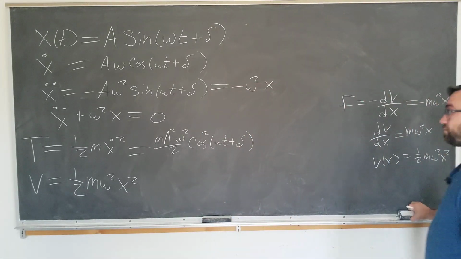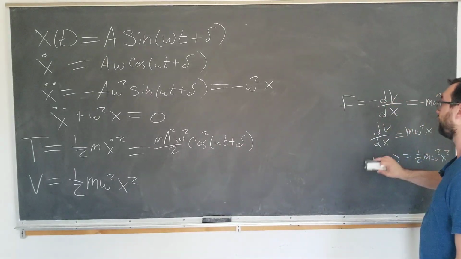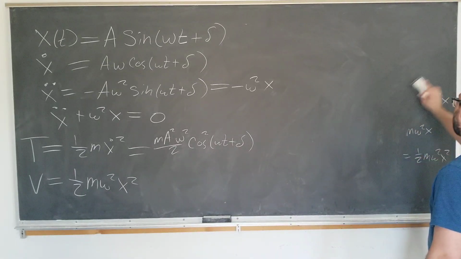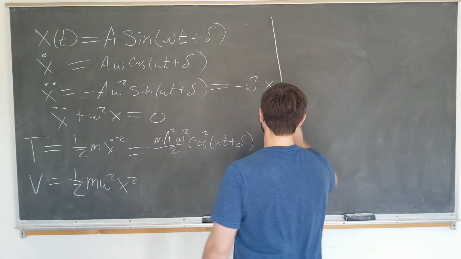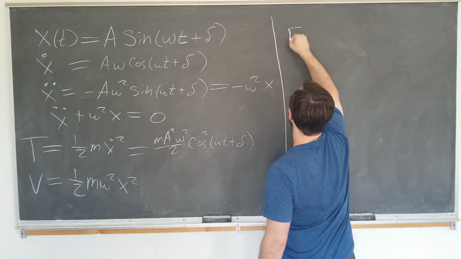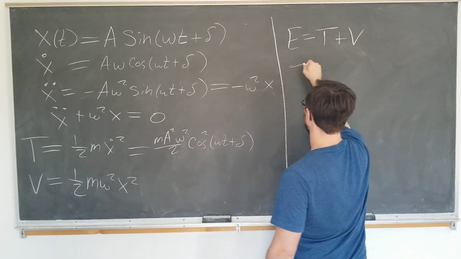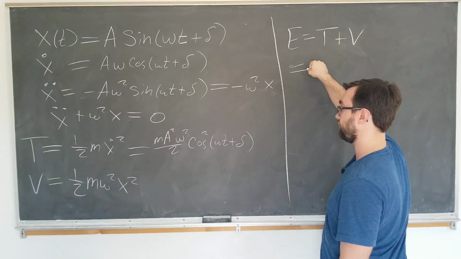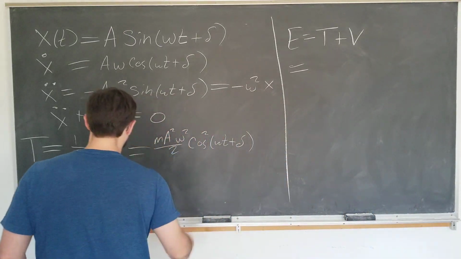And let's proceed. So we have the kinetic and the potential energies. All you have to do is add them together now. Just add them as follows. Okay, so we have E is just going to be the kinetic energy plus the potential energy, which is, I guess we can do one more simplification here.